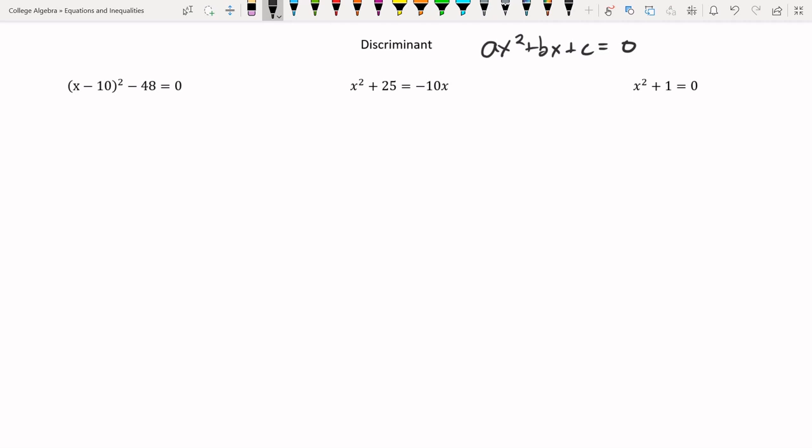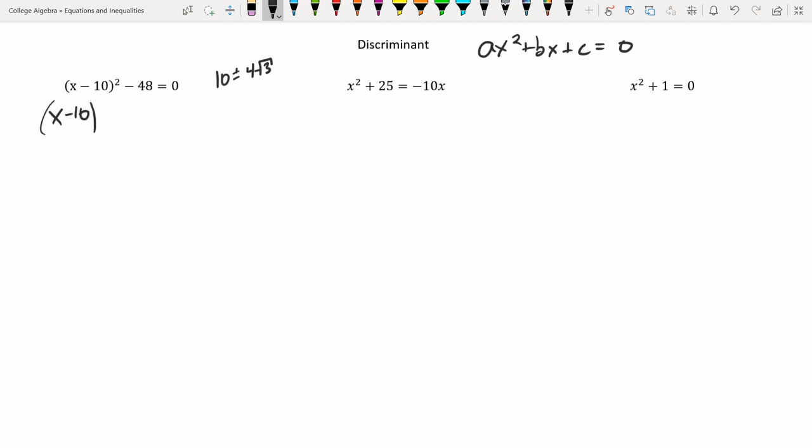Now, in this first one, we already found the answers were 10 plus or minus 4 root 3. To do this right, we have to get it in the ax squared plus bx plus c form. So I'm going to have to expand the x minus 10 squared into the full quadratic.